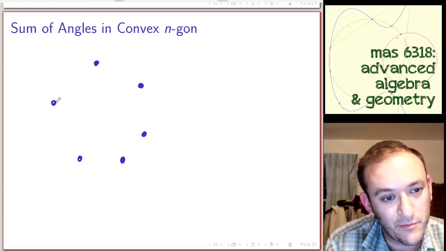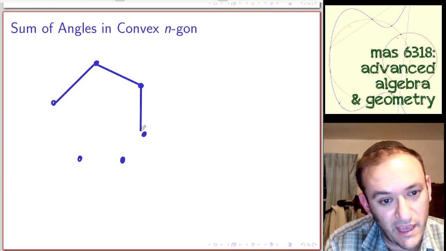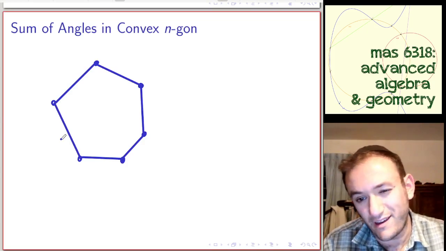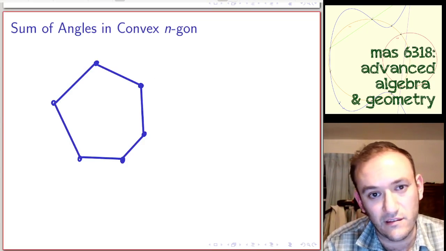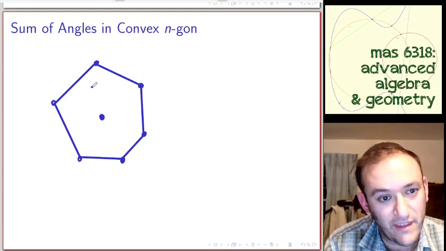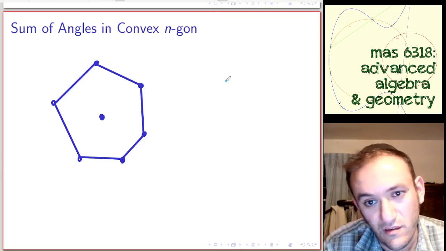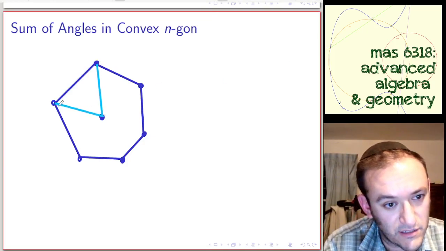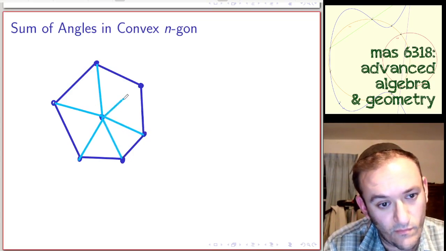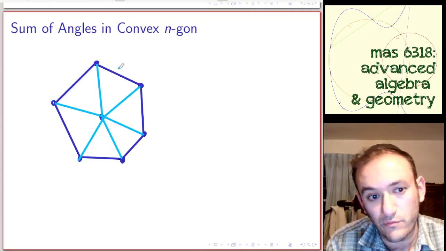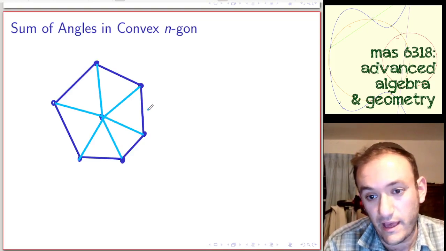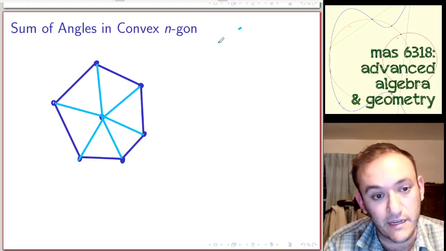So when we connect these points into an N-Gon, and we make sure that there are no corners bent in, so the shape is convex, we can add a point anywhere in the middle and then connect everything with lines to the center. Okay, and what results is a triangle for every one of the edges of the N-Gon. There are n triangles here.